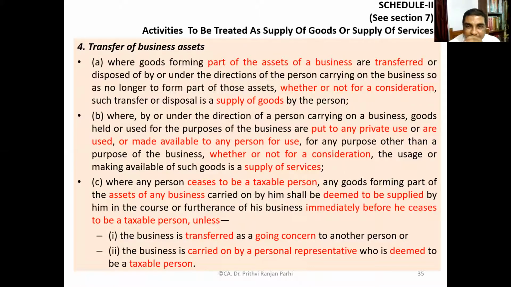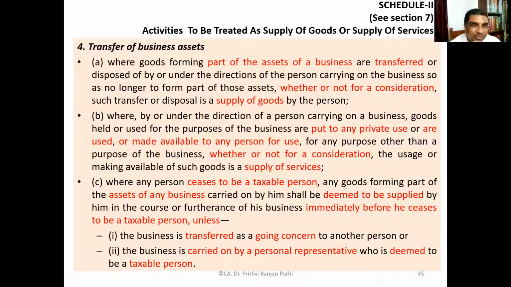Okay, here the point is that when goods were held for business and were put to some private use, whether it is for consideration or not, that use will be referred to as supply of services, not supply of goods. So these points are important. You please mark in which situation it will be treated as supply of goods and which situation it will be treated as supply of services.